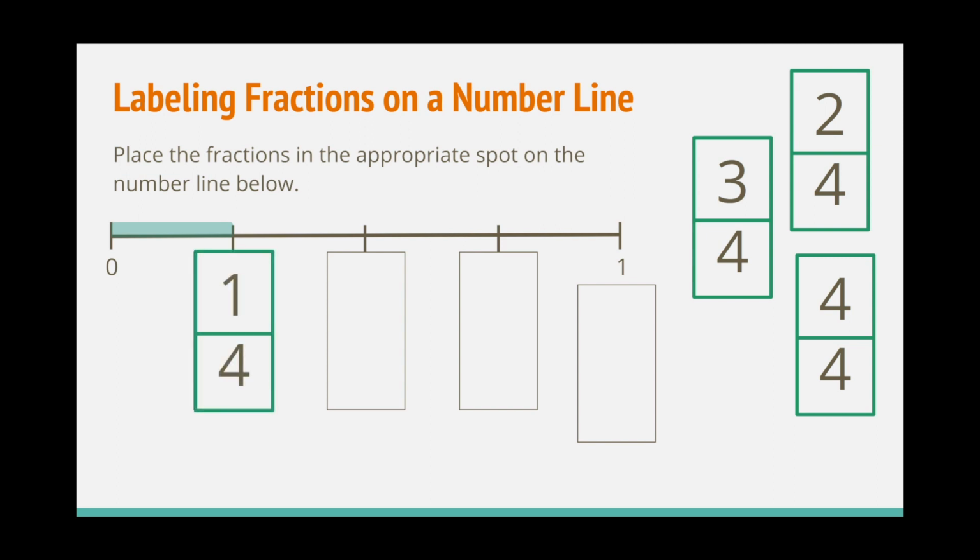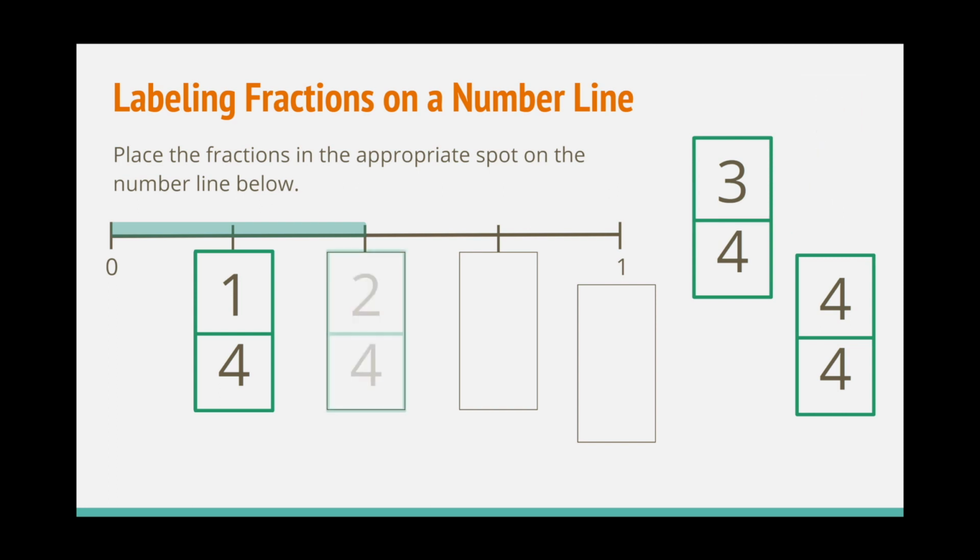Now let's look at the second mark. If I have 2 parts colored in, 1, 2, and there's 4 parts in all, 1, 2, 3, 4, my fraction should be 2/4. So I'm going to erase that and move it over here. So now I have 1/4, 2/4.